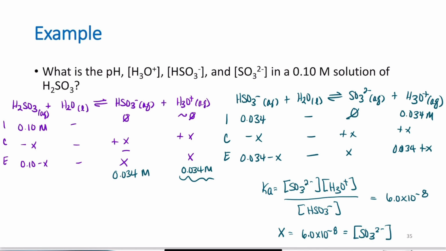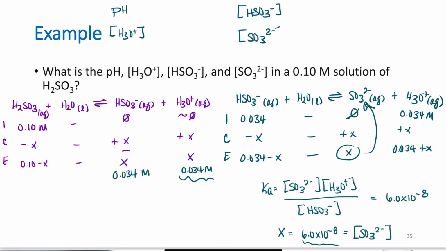But this x value tells me how much SO3 2 minus I have. So I still need to find pH. Still need to find H3O plus. Still need to find HSO3 minus. But I do know my SO3 2 minus. SO3 2 minus is 6.0 times 10 to the minus 8th molar.